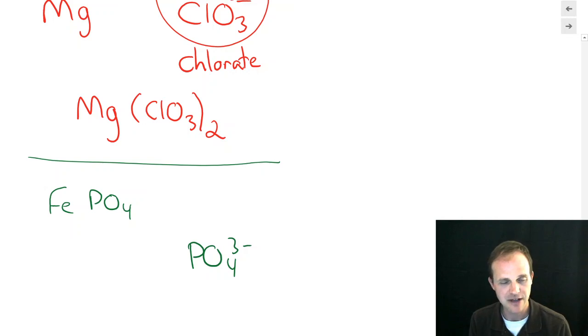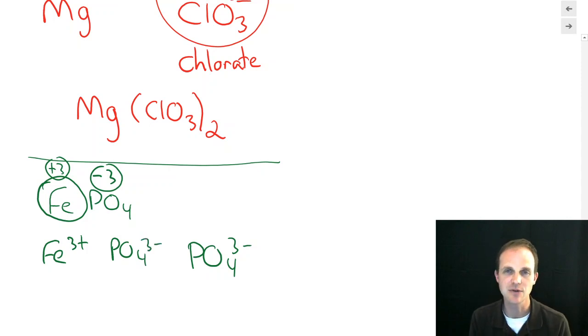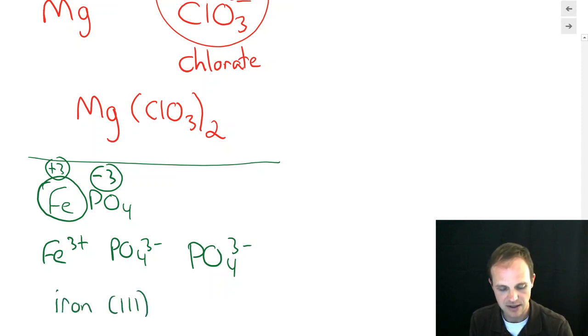Now, for phosphate to have a -3 charge, and if I tell you the formula is FePO4, what does that tell you about that iron? Well, if this guy's -3 and they balance out, this guy must be +3. And so you get Fe3+ combined with PO4 3-. And that's how we knew there was a 3+ on that iron there, is by balancing that out. And we get iron 3 phosphate.